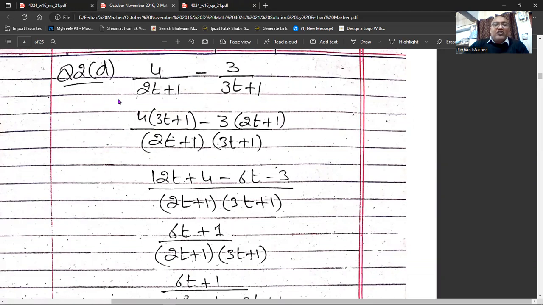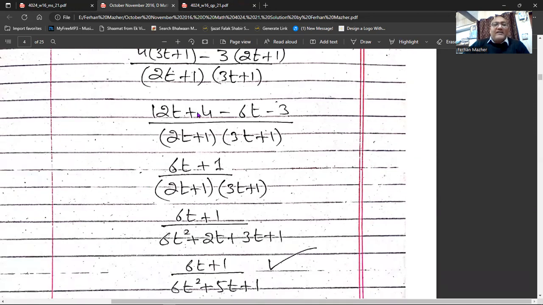Divide the LCM by this denominator, and this will be cancelled. So this will multiply with the numerator 4. Then divide this LCM by this denominator, and obviously this bracket will be cancelled. This will be left, so that will multiply with the numerator, which is 3 here. So just open it. You will have 12t plus 4 minus 6t minus 3.